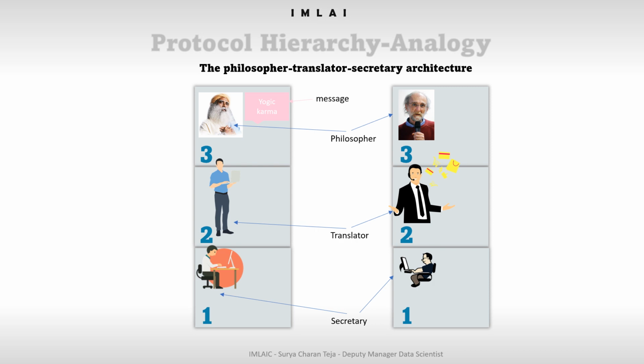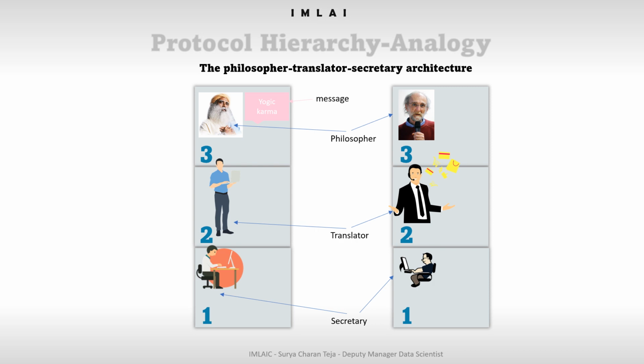safely, securely, and understandably. Okay, so now here philosopher one, that is Sadhguru, wishes to convey a message about yogic karma. To do that, basically he knows Kannada and English, so he preferred English. He passes that message in English.